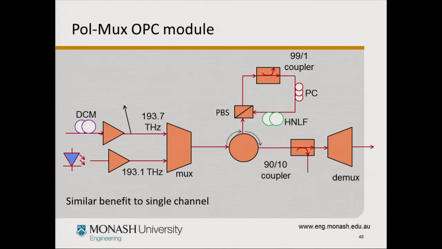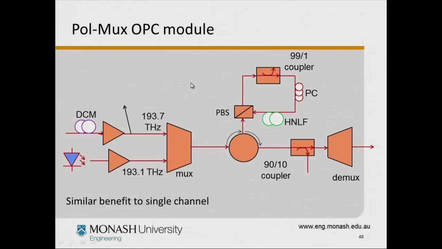Those results are for a single polarization, but you can actually replace the optical phase conjugation module with a module that looks like this, with an optical recirculator and this loop here, which makes it polarization insensitive and usable for the kind of polarization multiplex signal that's more commonly used.